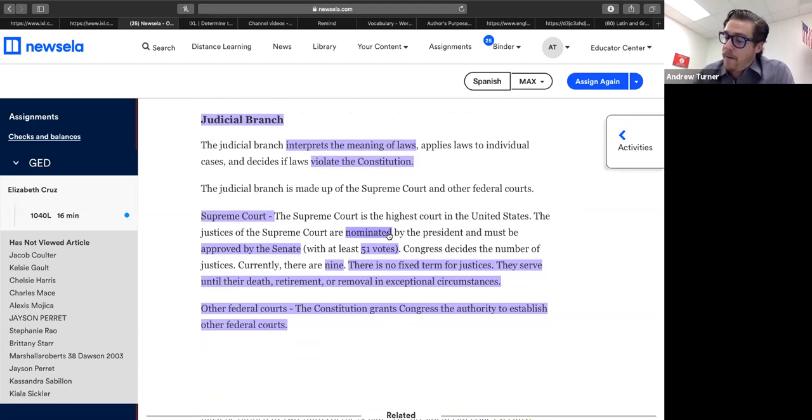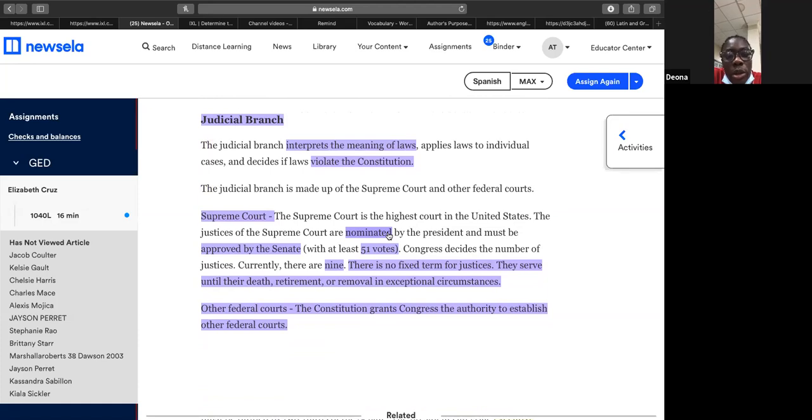The judicial branch interprets the meaning of laws, applies laws to individual cases, and decides if laws violate the Constitution. The judicial branch is made up of the Supreme Court and other federal courts.